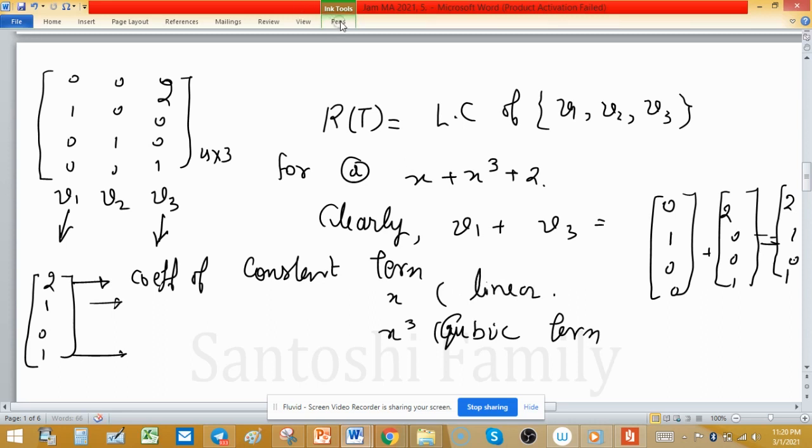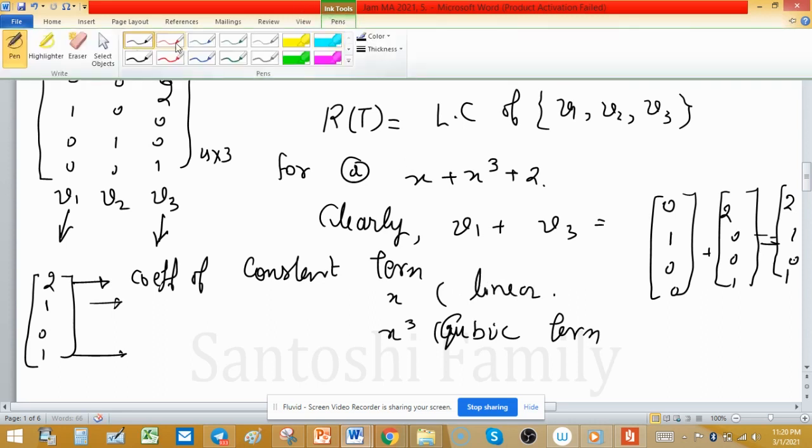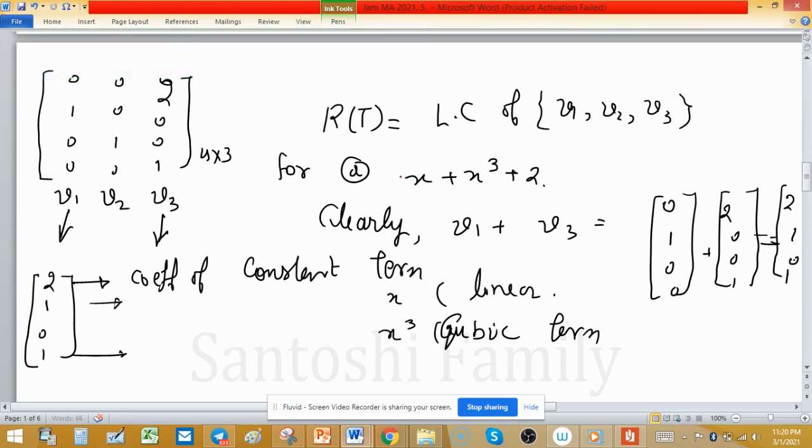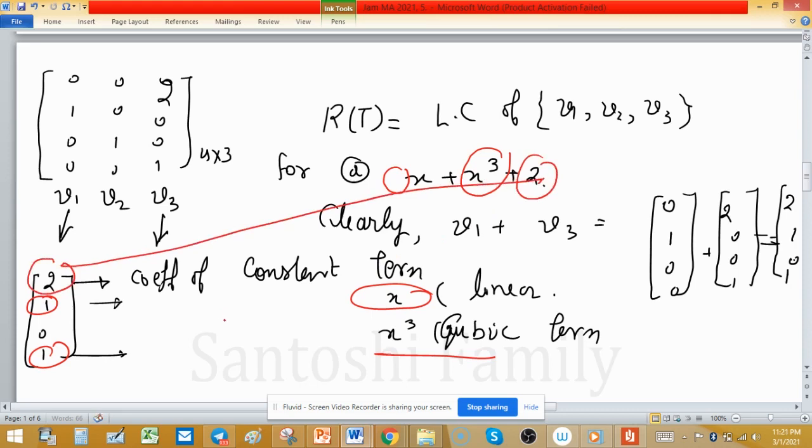Now focus on this. The coefficient of x is 1, and here the coefficient of x is 1, so perfect. Now the coefficient of the cubic term is 1 here, and the constant term is 2, meaning all conditions are verified.